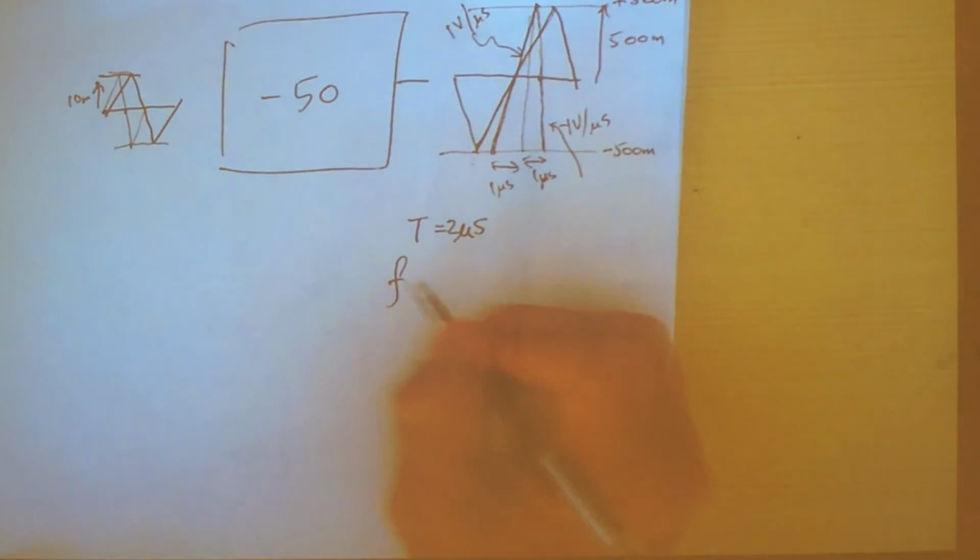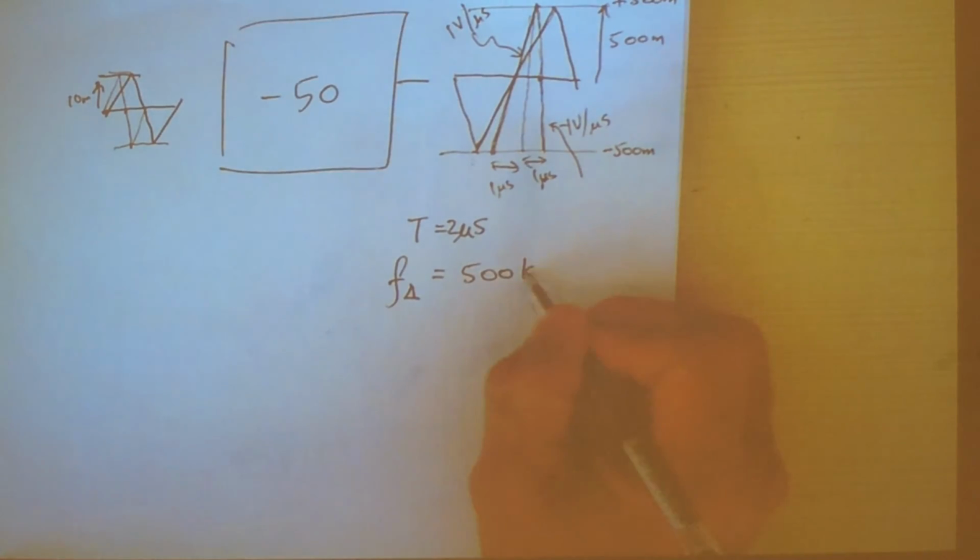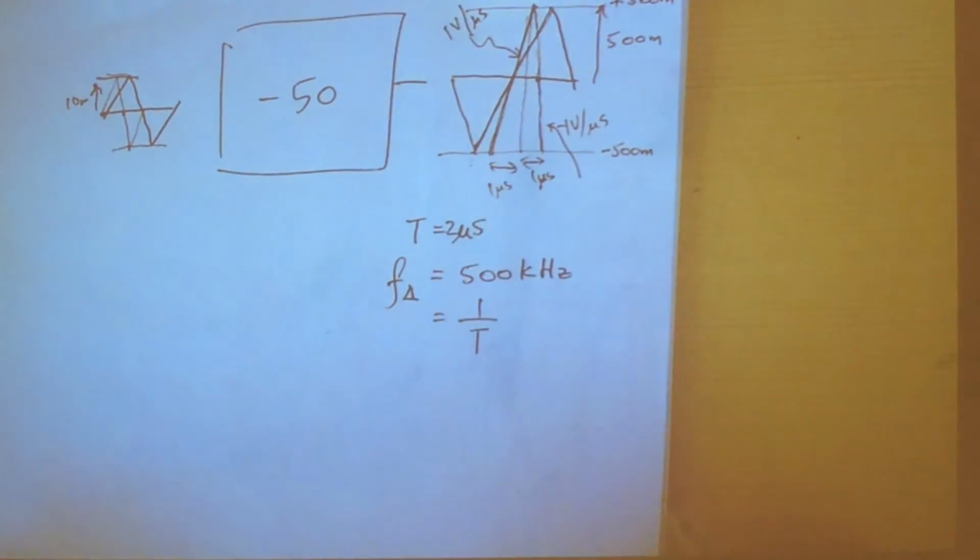Therefore the frequency of this triangular wave is 500 kilohertz because it's just 1 over T. Right? So therefore, the maximum frequency of the triangular wave that will not be slew rate limited is when the frequency is at 500 K.